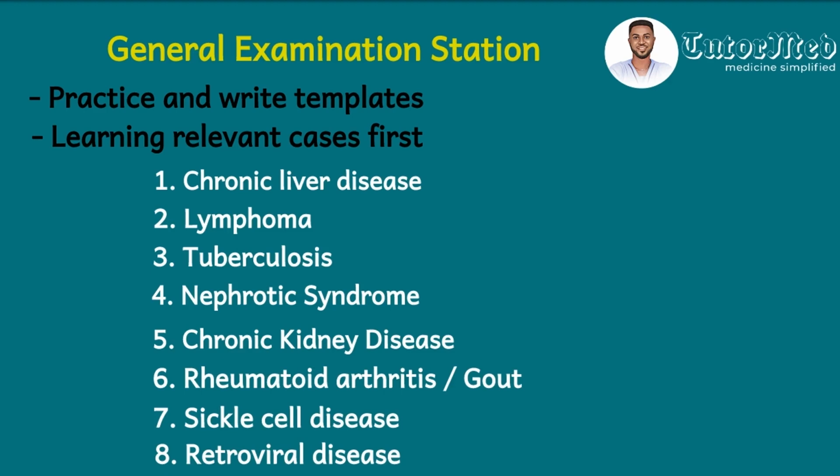This list is not exhaustive, but what I mean by mastering these topics is that you know the signs to pick on examination, you know how to investigate them, and you know how to manage them, because these are the questions which are going to be asked.